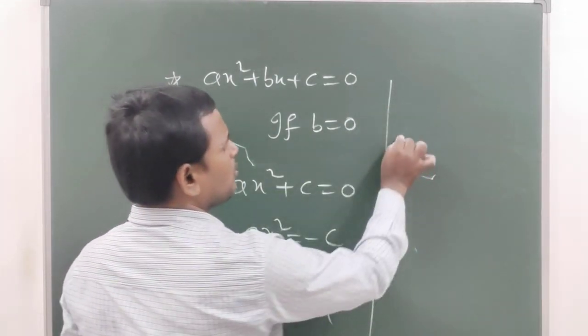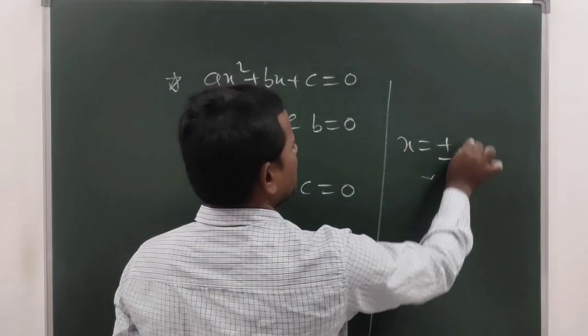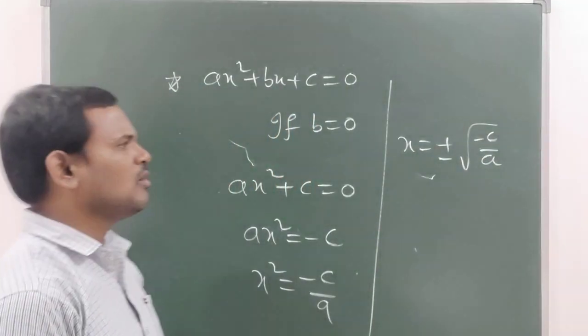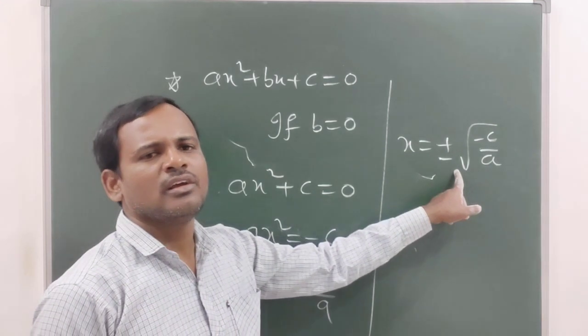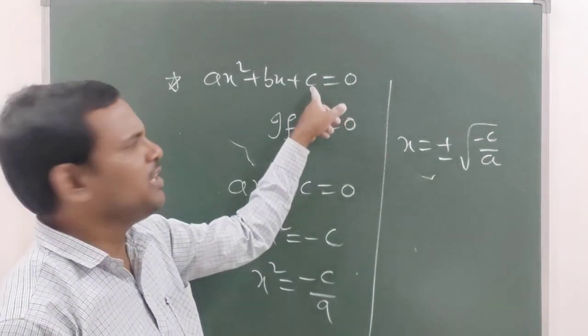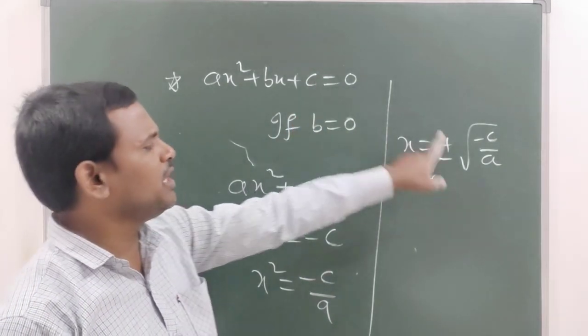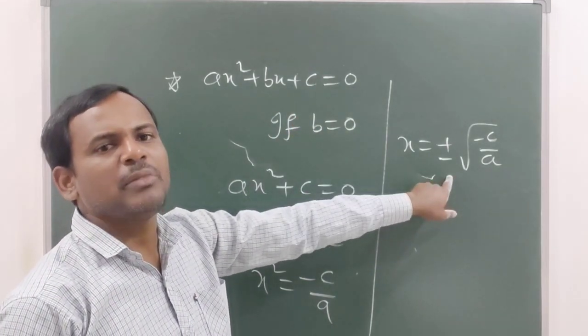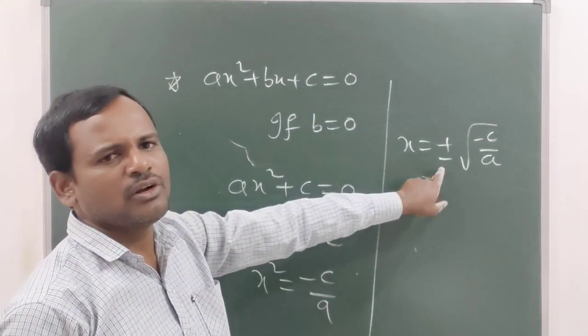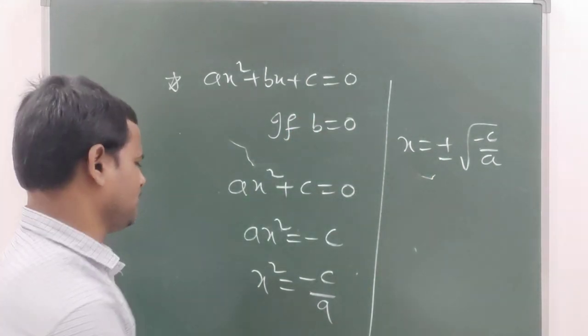Now x is equal to plus or minus root of minus c by a. Whether these roots are real or imaginary will be based on c. If c is positive, you get two imaginary roots. If c is negative, then you will get two real roots.